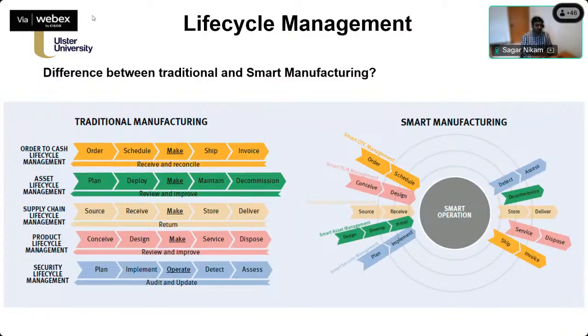All right, so when we talk about traditional manufacturing, we always think of traditional manufacturing processes. In smart manufacturing, we just make the machines or the processes smarter by making them real time. This real time aspect is the most important aspect in smart manufacturing, and that is the reason we say it's smart. Previously, in traditional manufacturing, we were not able to do most of the activities in real time.